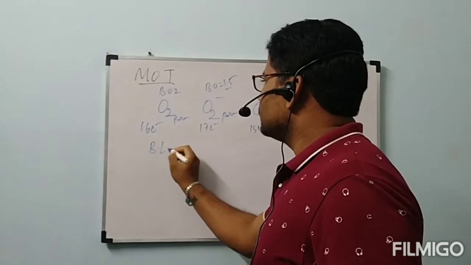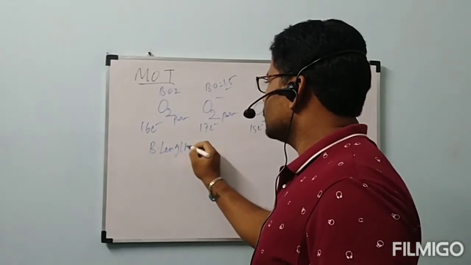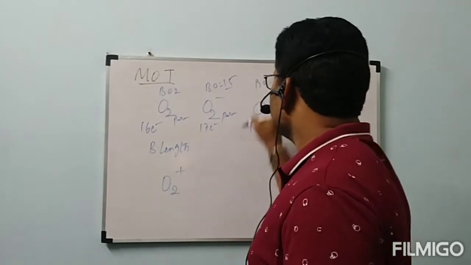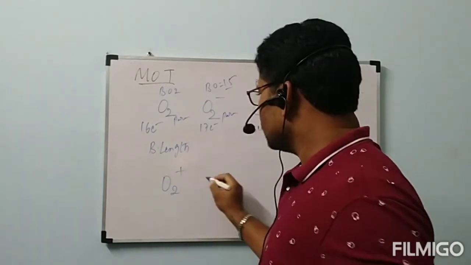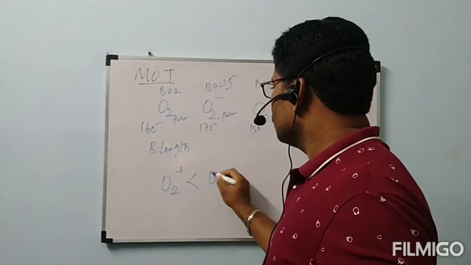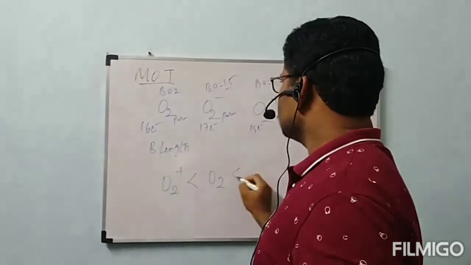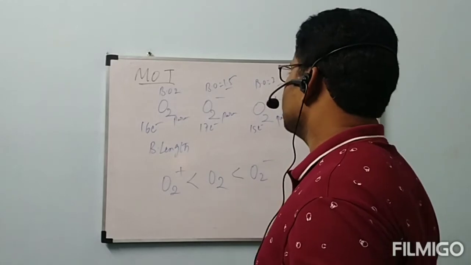So bond length order: O2 plus, with high bond order, has the least bond length, which is less than O2, and O2 is less than O2 minus.